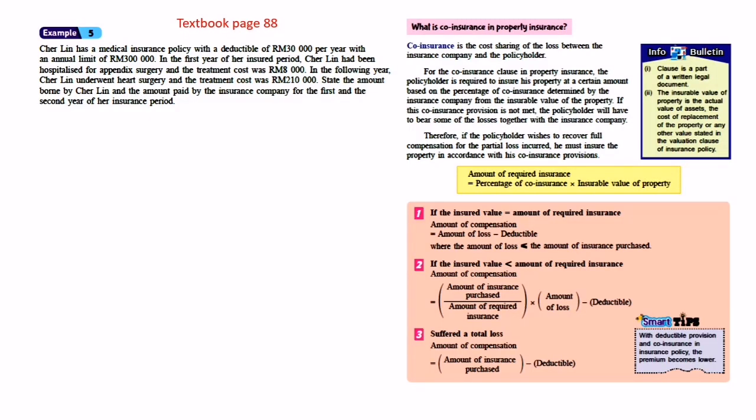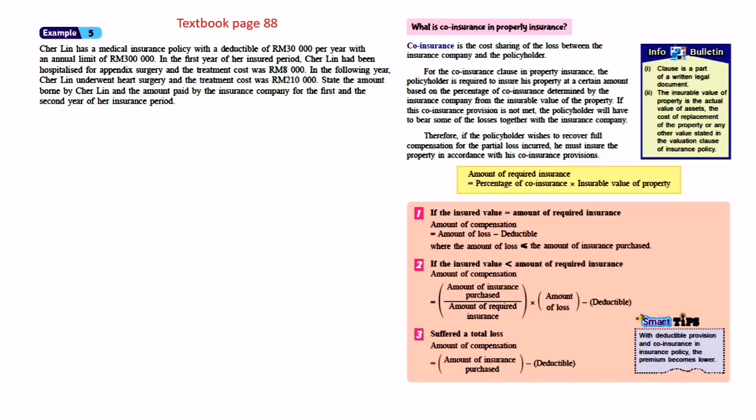Example 5. Cherling has a medical insurance policy with a deductible of 30,000 per year with an annual limit of 300,000 ringgit. In the first year of her insured period, Cherling had been hospitalized for surgery and the treatment cost was 8,000 ringgit.